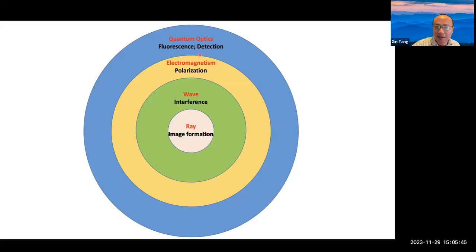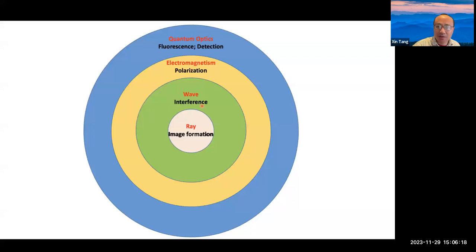So that gives us more insights into light, and it can be used to explain many new phenomena, such as why light can have interference. If they just consisted of particles, then they would not be able to generate interference, right? And if we can understand the wave better, to know the nature of the wave, we will appreciate that light also has polarization.